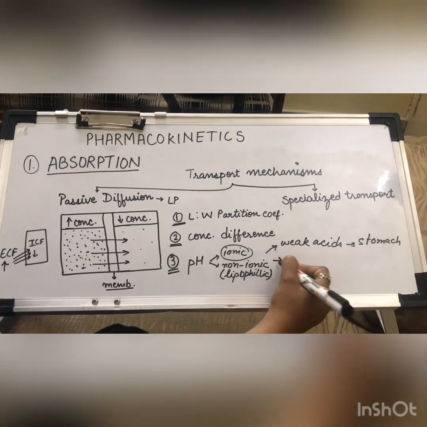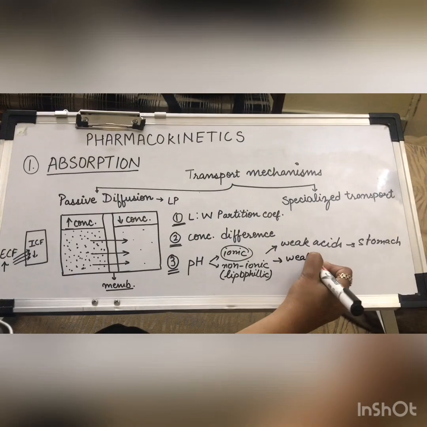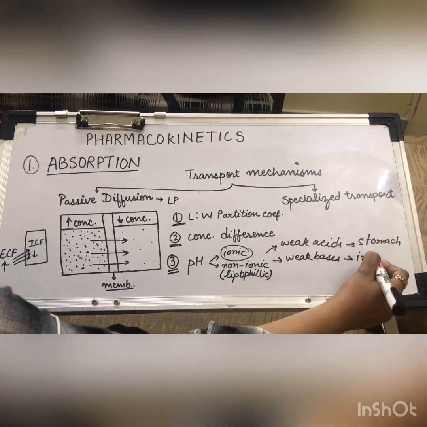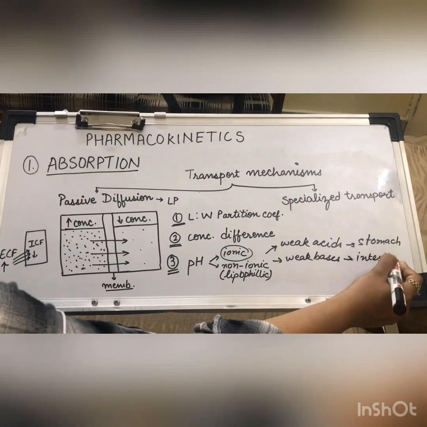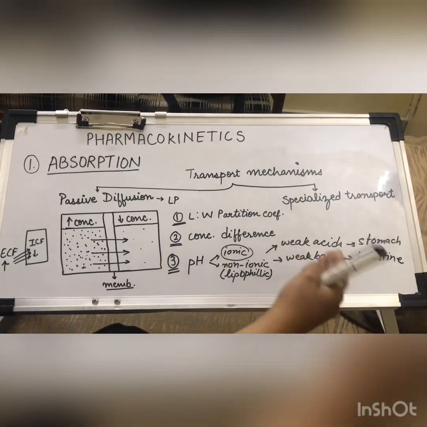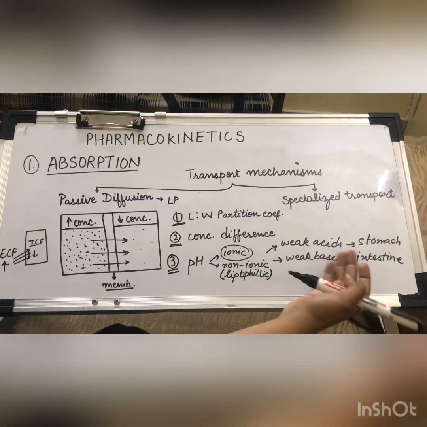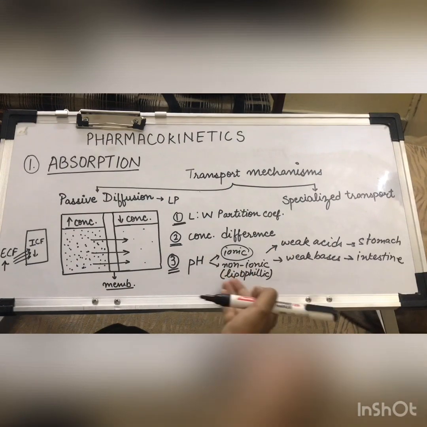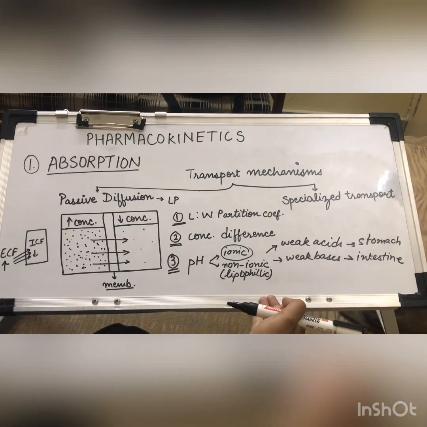Whereas weak bases are readily absorbed from the intestine, because the intestine, again because of the alkaline pH, they will not get ionized, and non-ionic form will easily get absorbed from the membrane.